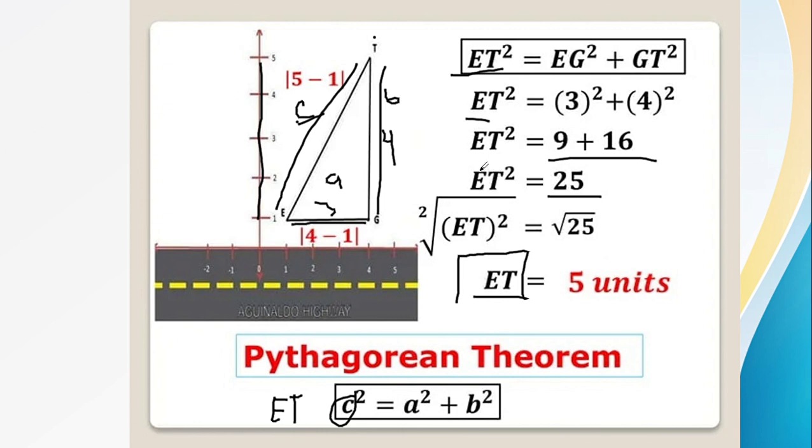Since we have ET to the power of 2, to cancel the 2 we square root both sides. The square is removed, leaving ET, and the square root of 25 is equal to 5. So the distance from the teacher's house to Emilio's house is 5 units.